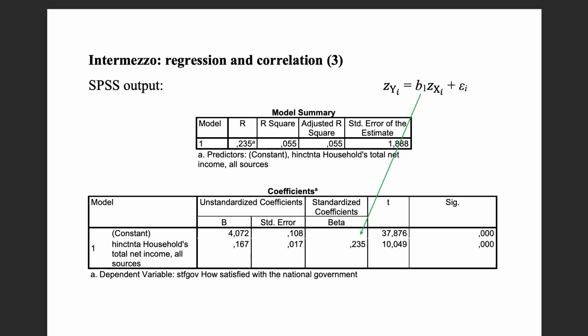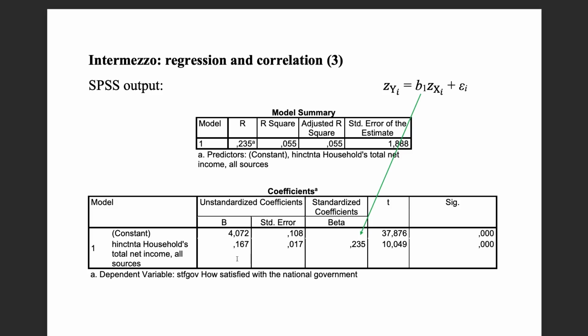So now we have two different coefficients here for this income effect on how satisfied you are with the national government. We have the unstandardized coefficient, which again you have to interpret on the original scales of the variable. So in this case, it's 0.167. So what does that mean?